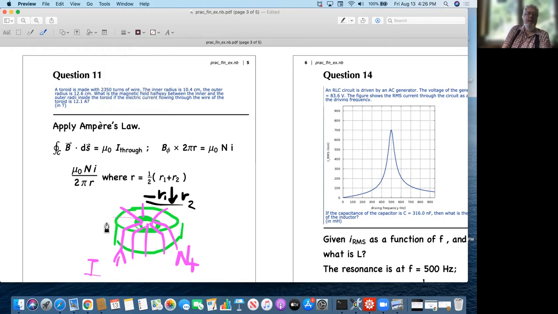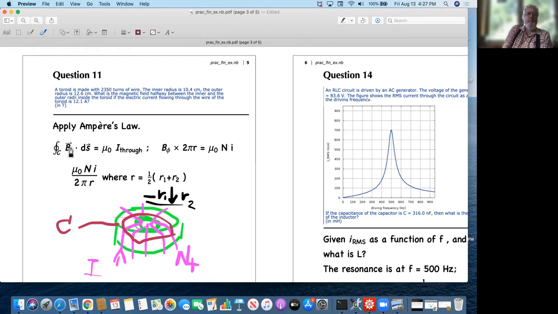So here's the Amperian loop. The Amperian loop will be a circle at this radius. So that's the curve C. I suppose this problem is probably worked somewhere in the book. If not, I'm sure you can find it in the final exam review pages.